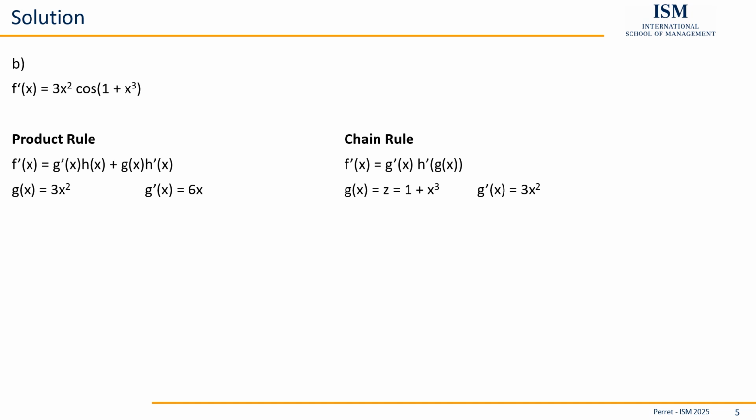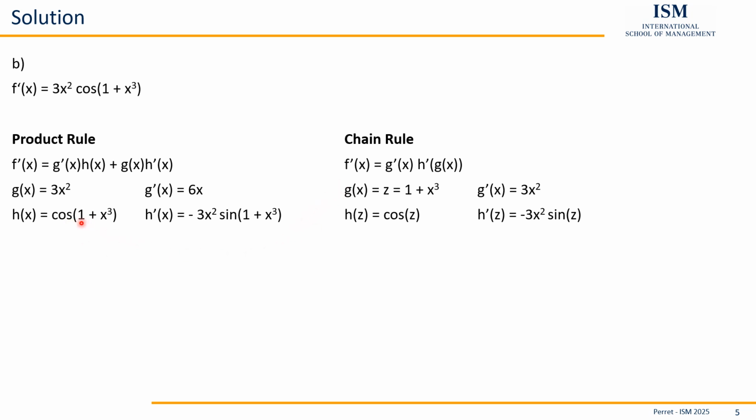If I start with the product rule, the left side of the product is 3x squared. Here I know from part a that the derivative is 6x. The other side is cosinus of 1 plus x to the power of 3. Here I would have a problem calculating the derivative directly because I have to use the chain rule. So I'm skipping over.